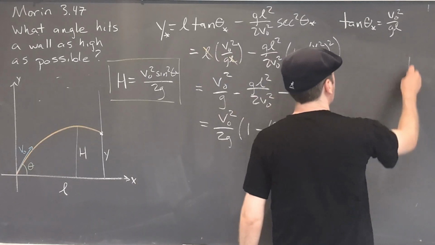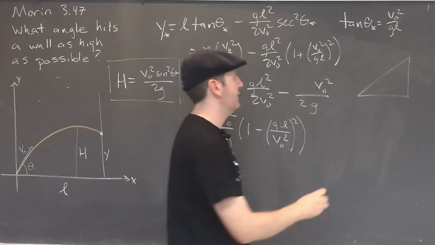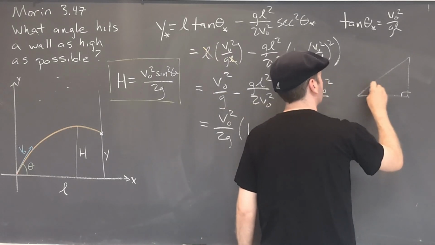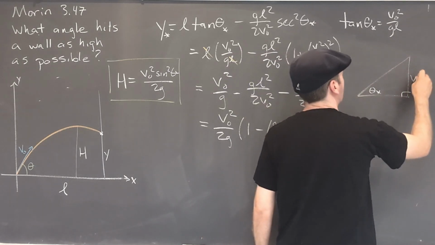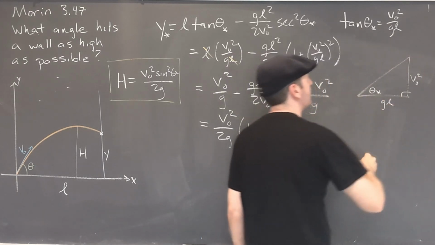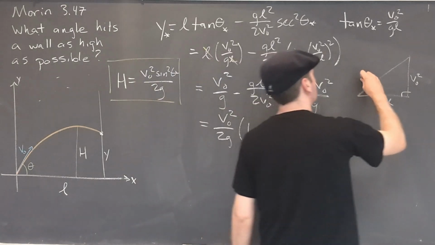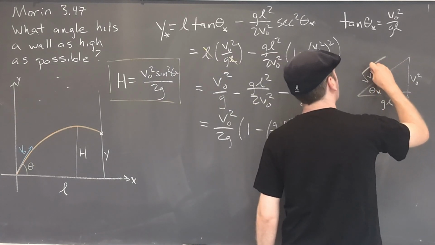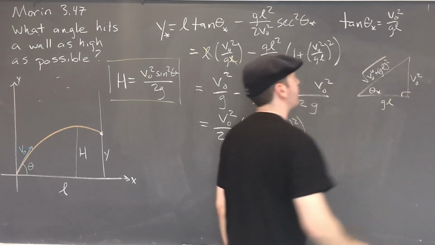This is not a real triangle, it's just sort of a fictitious triangle here. Here we have our theta. Thinking of tangent as opposite over adjacent, where it's V naught squared and GL, then Pythagoras will give us this last bit, V naught to the fourth plus GL quantity squared.